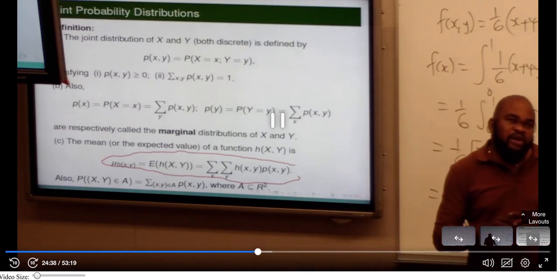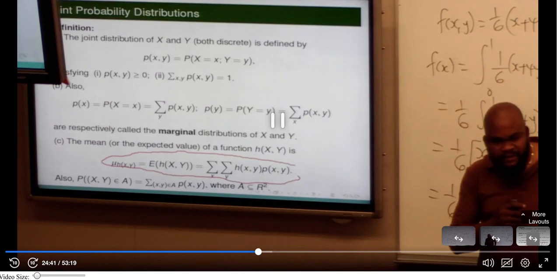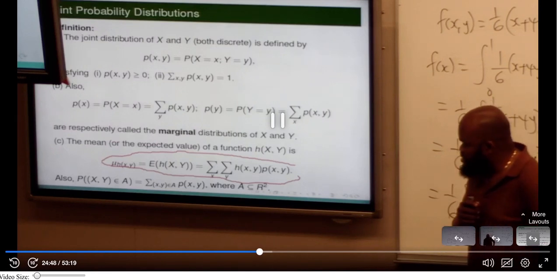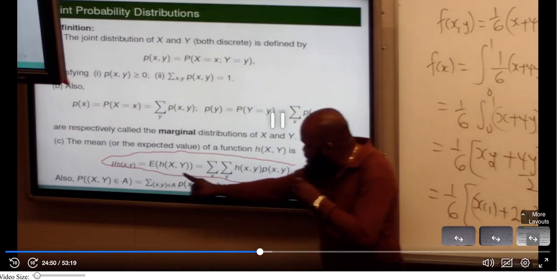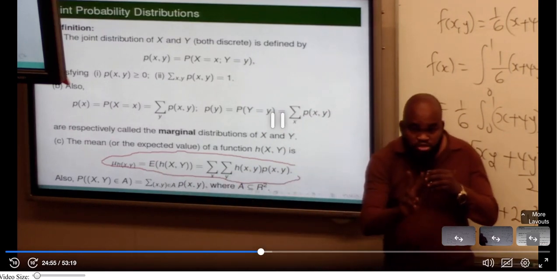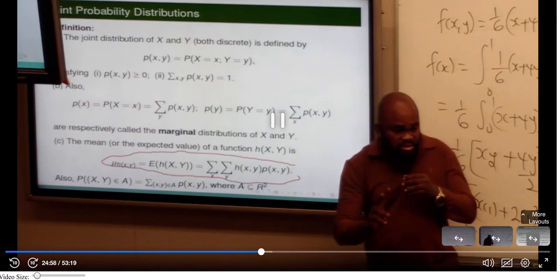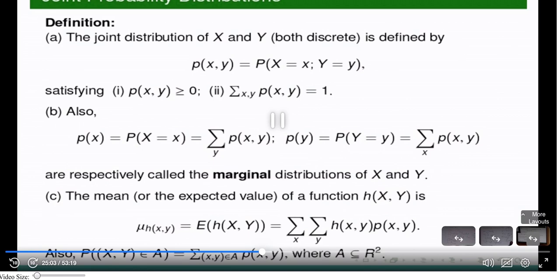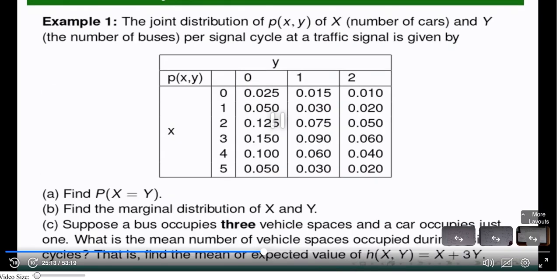We can have a situation where X is a random variable and Y is a random variable, and the combination of them can also be a random variable. That's what I mean. When I want to find the expectation of that, I'm going to use two summations as against one. And I have to tell you, I'm focusing on R squared, because X is a real number and Y is also a real number.